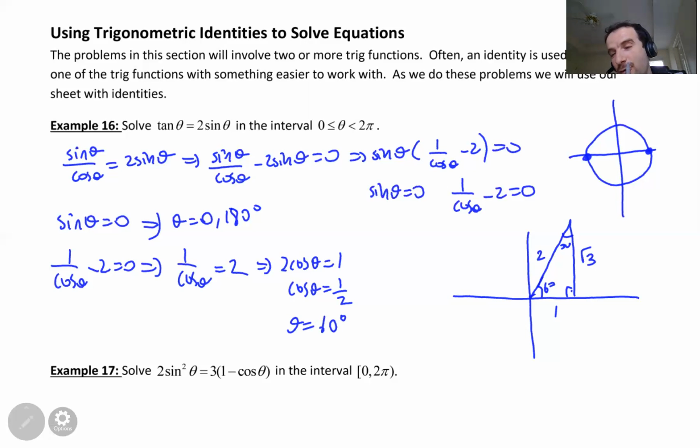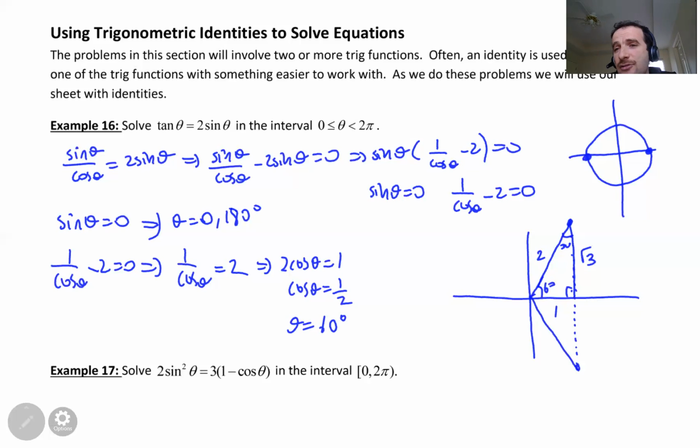And with sine and cosine, there is another angle which gives the same cosine value, right? As we did in the previous videos. And this is a positive value, right? Cosine is 1/2, positive. And cosine is also positive in the fourth quadrant. So I have to find another angle in the fourth quadrant. To do so, I just need to find the symmetry of this point through the x-axis.